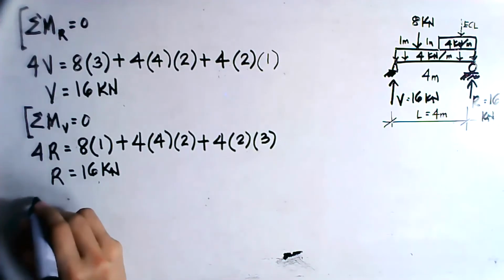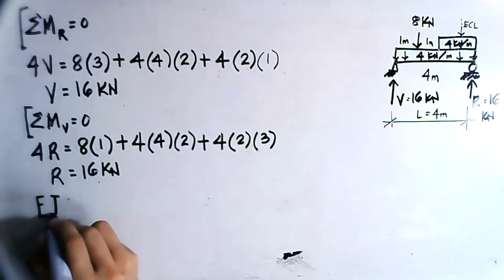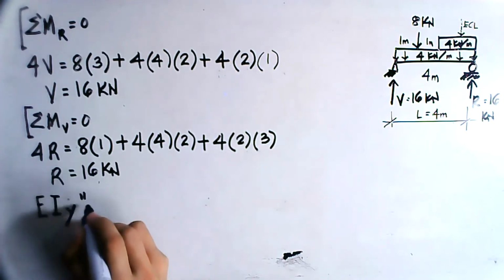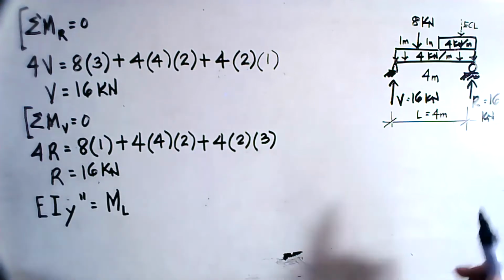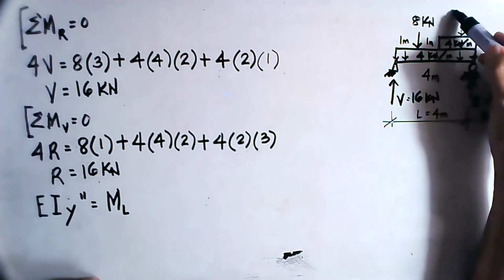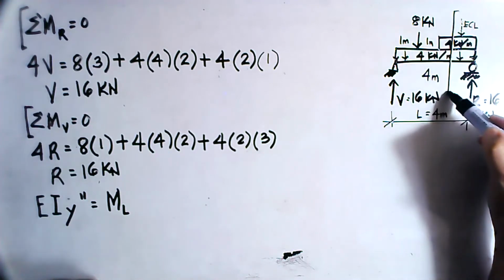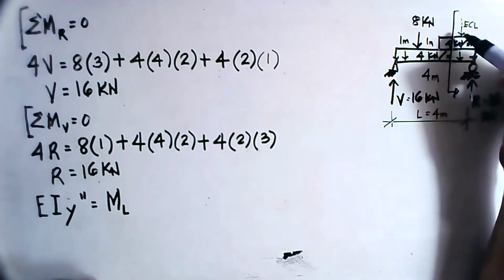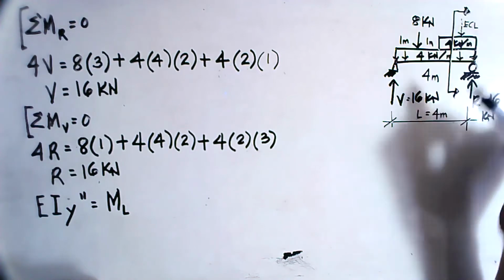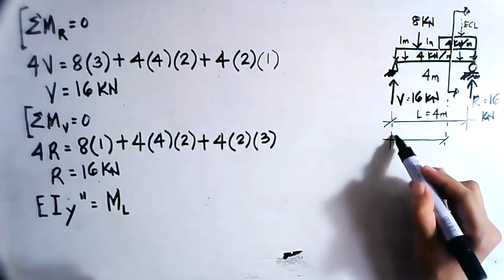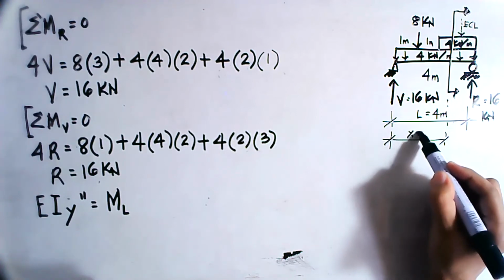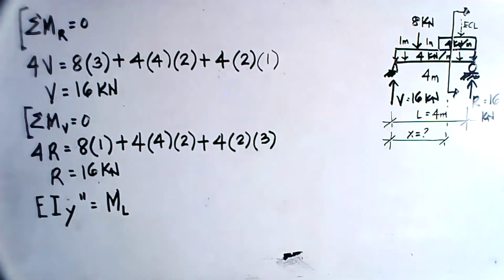Going back into the moment equation, we are going to equate EIY double prime is equal to the moment at the left. And you would notice that what we did was to cut a section here. We cut a section at a certain distance x from the hinge support.